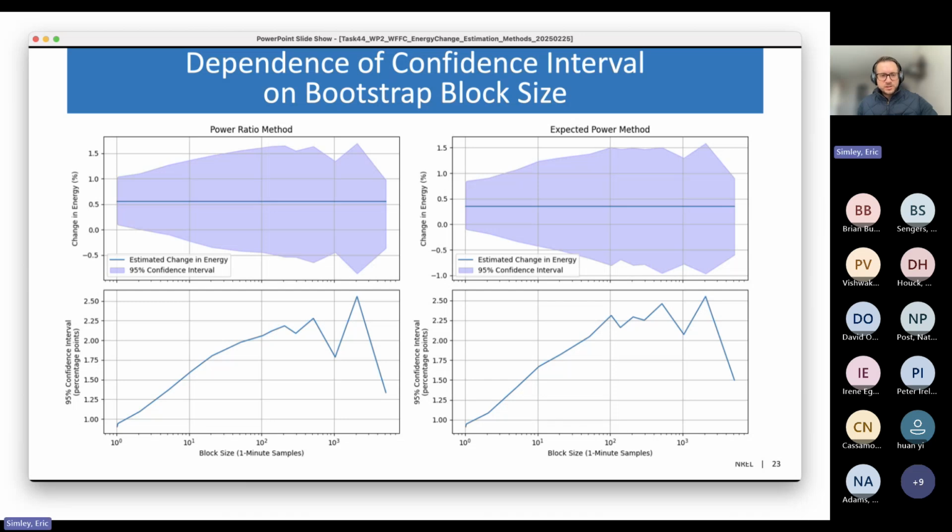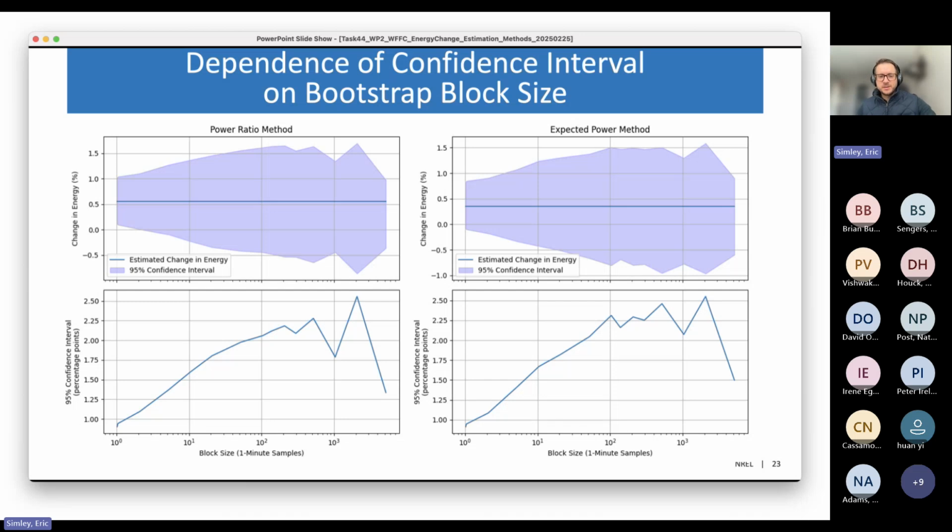And so, somewhere around a block size of 100 samples, we start to reach a more or less constant confidence interval. And it's hard to tell if there's an advantage of increasing the block size even more. So for the extreme block size shown here, we really only end up with 2 or 3 blocks in our data.